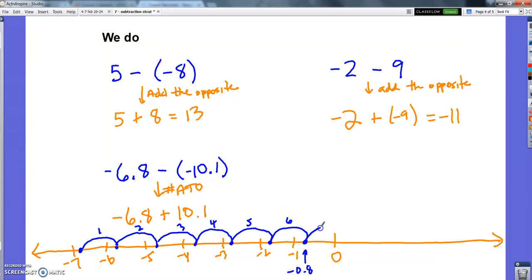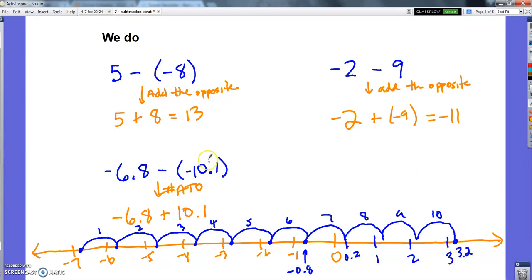When I cross 0 with my 7th jump, I'll be at 2/10, not 8/10. 2/10. And now I can do 8, 9, 10. Puts me at 3 2/10. And I've got to do my 1/10 extra. And I would end at 3 3/10.